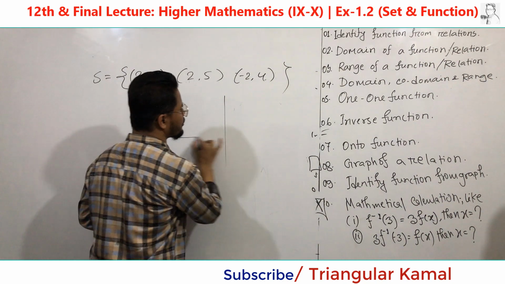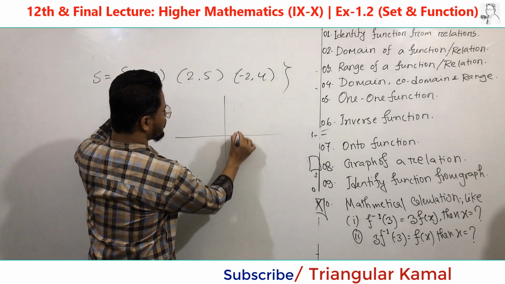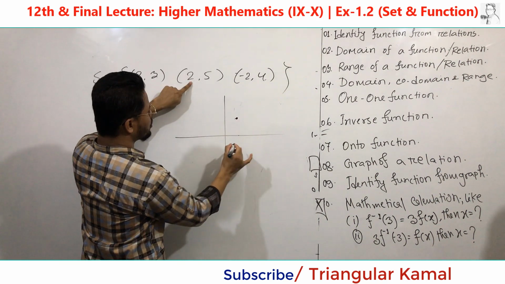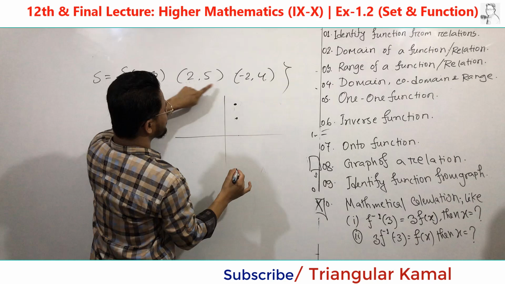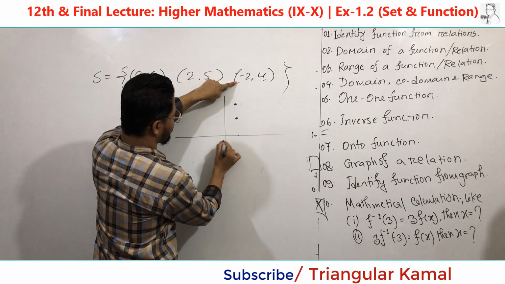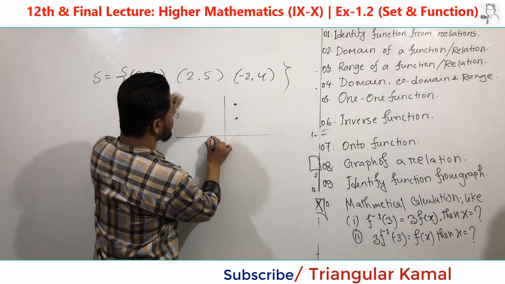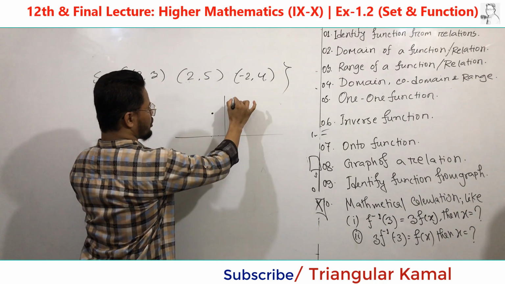Just draw the points (2, 3), (2, 5), (-2, 4), and (-1, -2). Now draw the graph here.